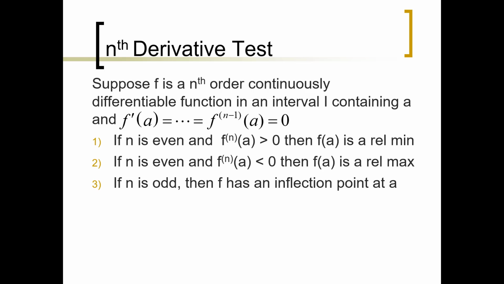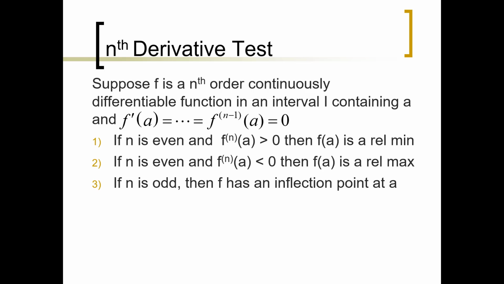They'd all be gone. If you have that the nth derivative of f at a is positive and n is even, then using the argument I just gave you, you'd find that f of a is a relative min, because the function would have to be larger than or equal to f of a for x near a.